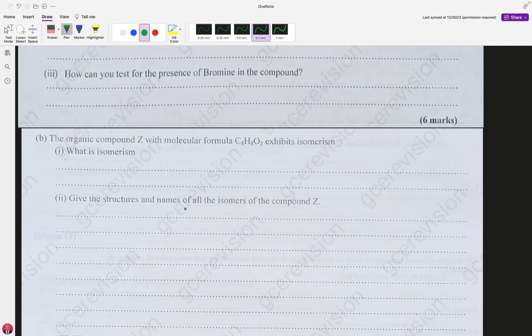Add a few drops of nitric acid to remove the impurities in it. That's what you are supposed to do. Add a few drops of the acid, that is nitric acid, to remove impurities. That is the procedure.